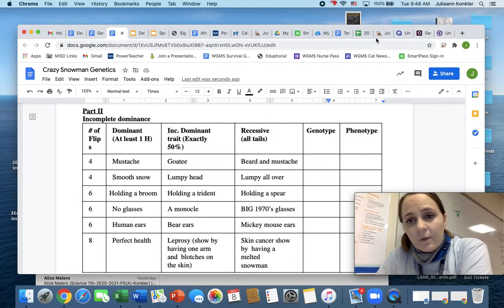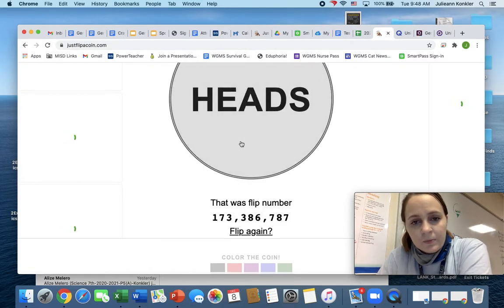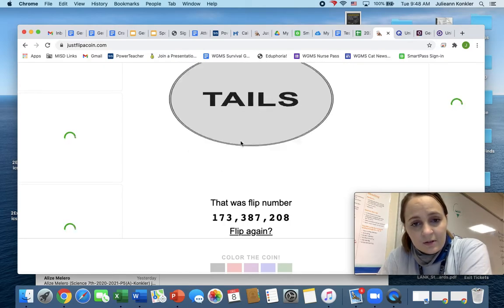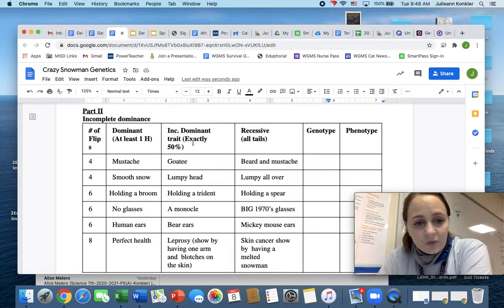So I'm going to flip it 4 times. So first one, I got a heads, tails, tails, heads. So I got 2 heads and 2 tails. So when I go back here, that's this. That's a 50%.